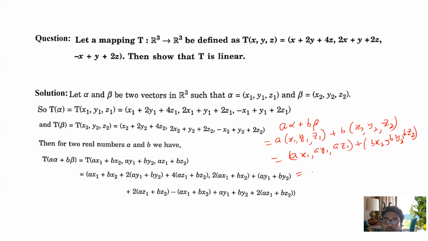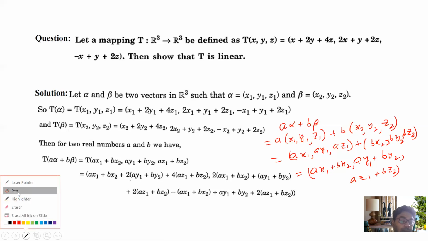So ultimately what you have is (a x1 plus b x2, a y1 plus b y2, a z1 plus b z2). Okay, so this is the logic behind this.